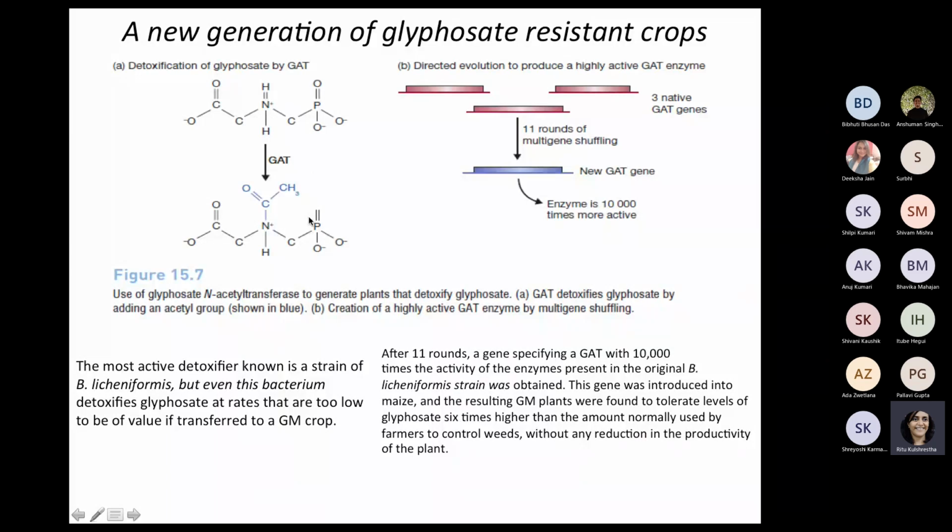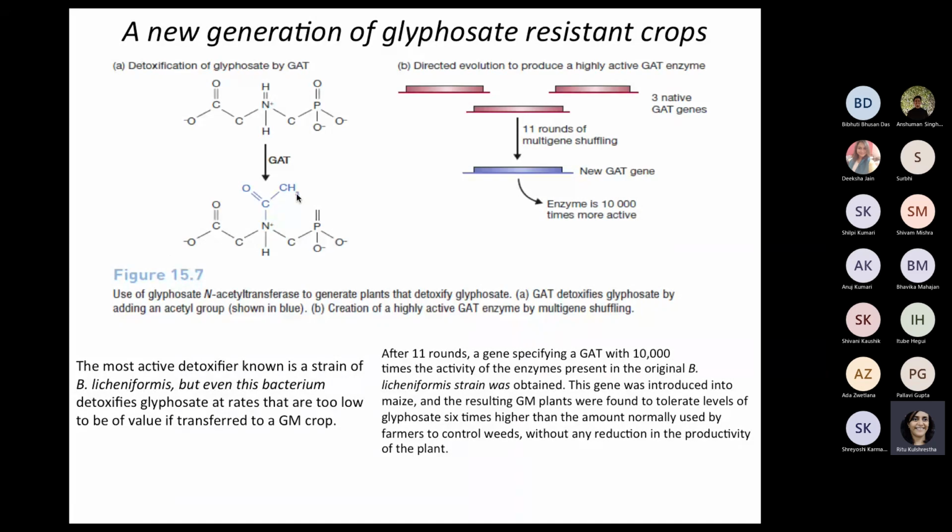Interesting. So then the idea was, from which source do we get the GAT enzyme? They first used the Bacillus licheniformis bacteria, which has this GAT enzyme. They took the GAT enzyme from here, engineered it and made a transgenic crop.